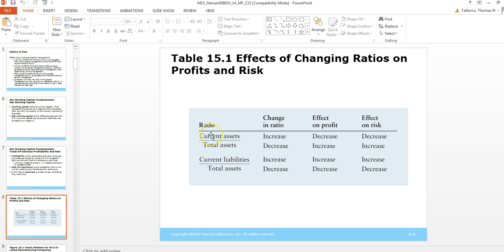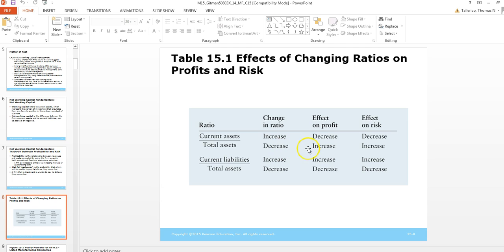All right, so here's a nice little slide that basically shows the effect of changing ratios on profits and risk. You'll notice here the ratio of current assets over total assets, and if that increases, it decreases your profit, and the effect on risk is that it will decrease your risk, right?